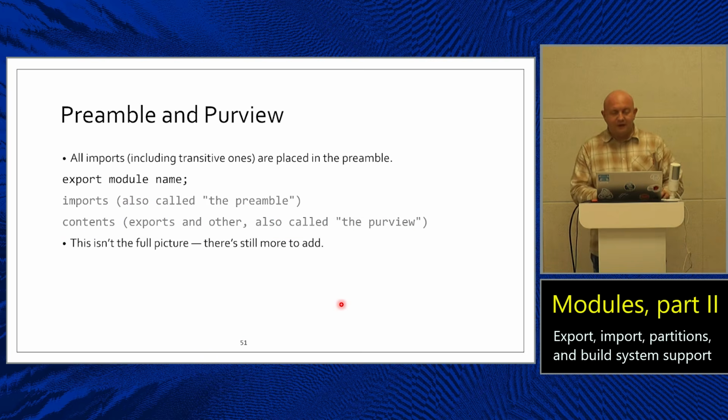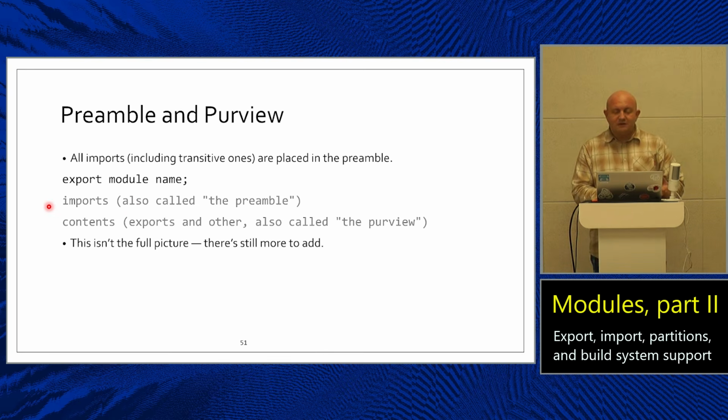And unlike include, which you can write almost anywhere, import and export import directives in modules have a strict place to live. They must appear in the preamble. A module's exporting unit, this one, starts with its preamble, which lists all imports including transitive ones.